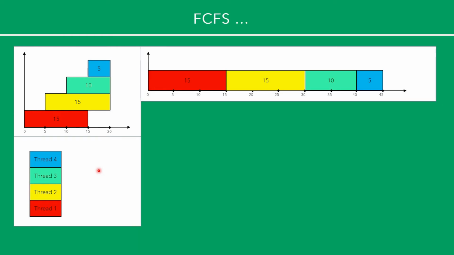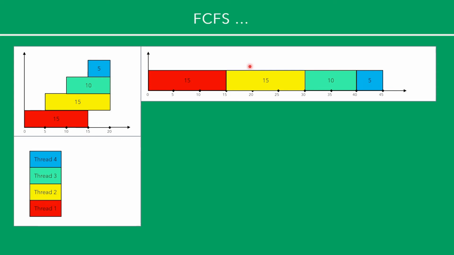T1 has a CPU burst of 15 seconds, T2 15 seconds, T3 10, and T4 is 5 seconds. Now, how is FCFS going to schedule these threads? T1 arrived first, so it is going to schedule 15 seconds to T1. After 15 seconds, T2, followed by T3 and T4.